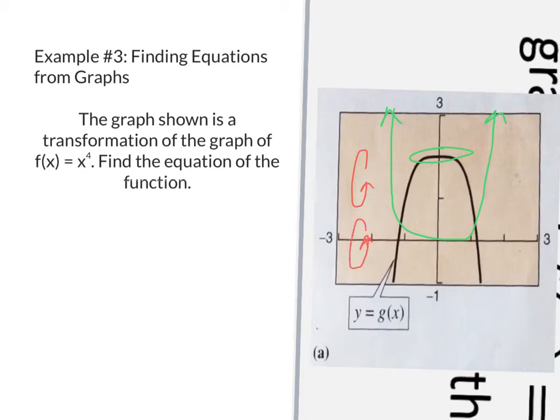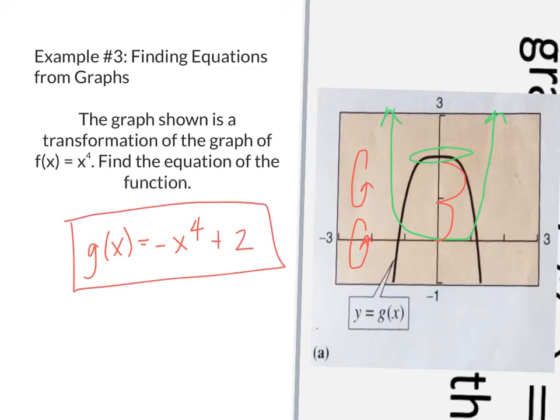So it reflected in the x-axis, and not only that, it reflected and then it moved up 2 units. So this function should be g of x equals -x to the 4th, and that's because of the reflection, and then +2 because it shifted up 2 units.